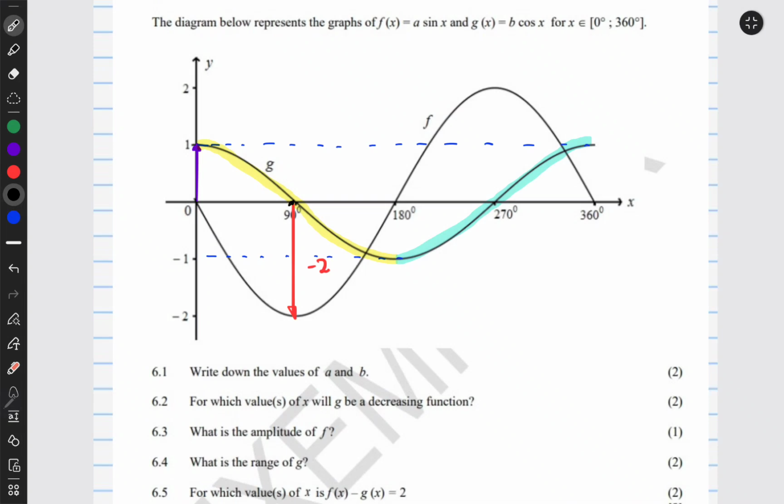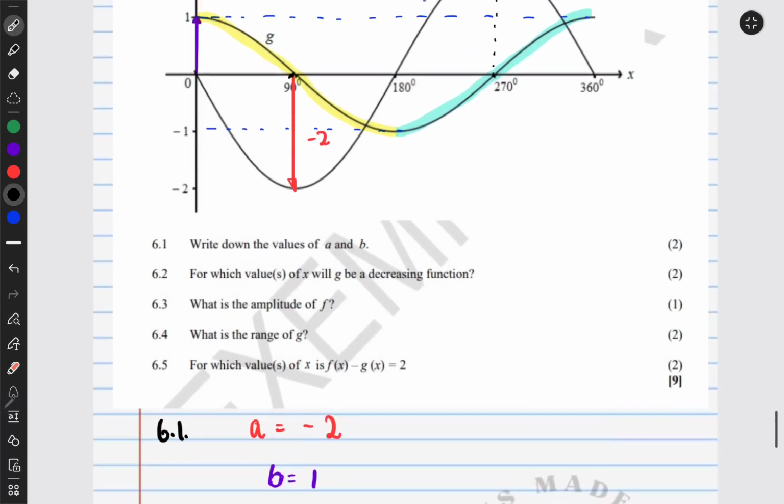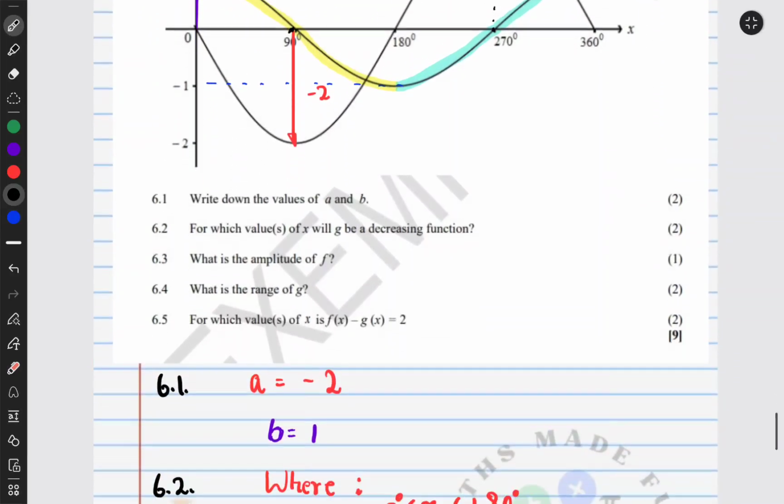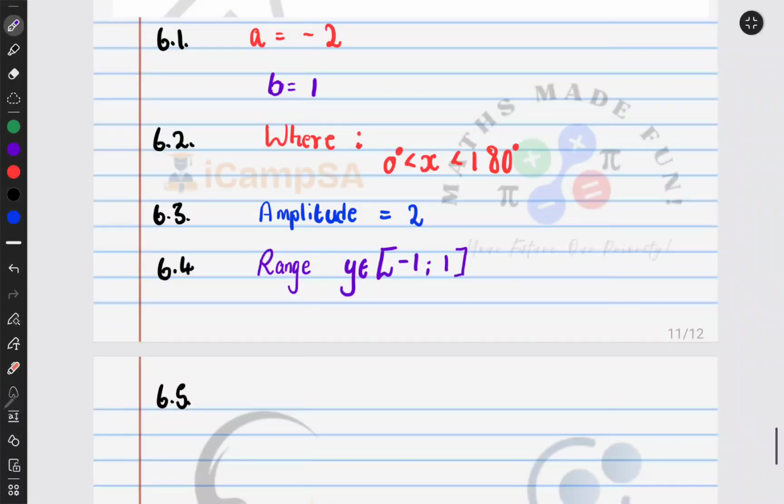Then we continue, but when we get to 270, we see f(x) being 2, and g(x) being 0. So 2 minus 0 is going to be 2. So it's where x is equal to 270 degrees.